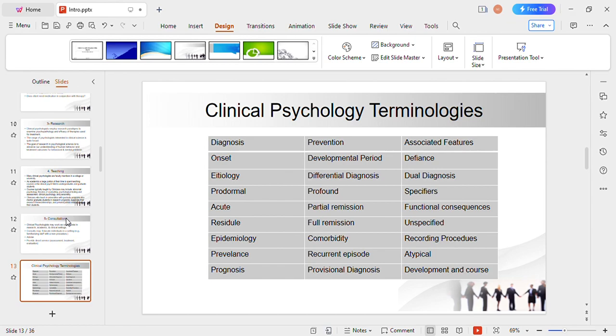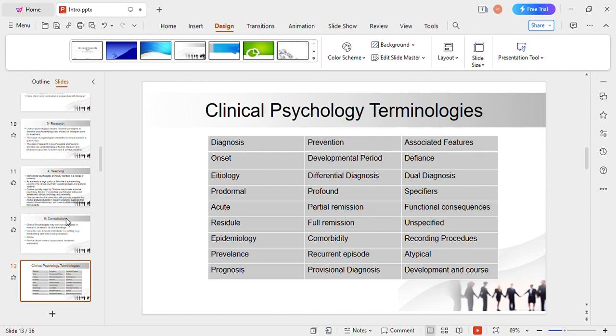Okay, the next point is recurrent episode. It is very simple: the often occurring of symptoms is known as recurrent episodes. And the next one is provisional formulation. Provisional diagnosis means definite information is not available to give a diagnosis of a particular disease.